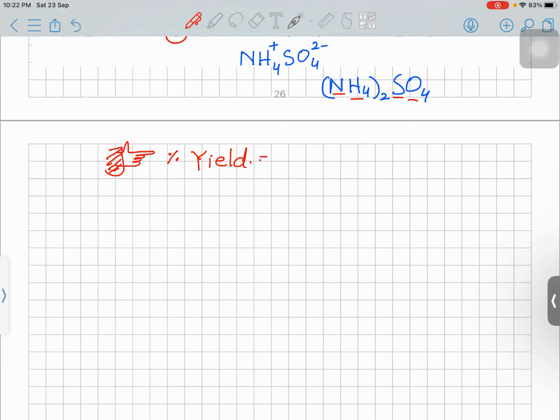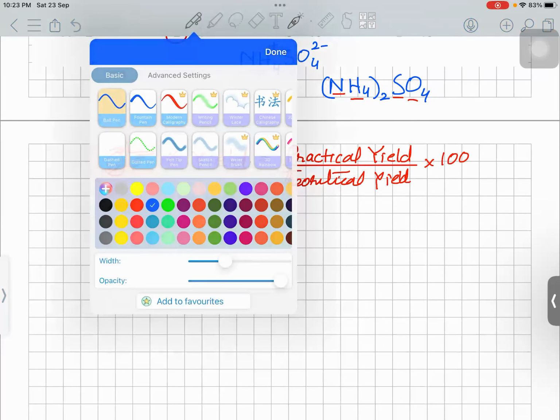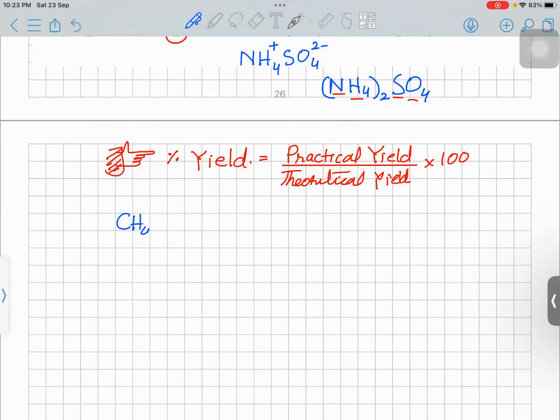So, percentage yield equals practical yield divided by theoretical yield, multiply by 100. Now look at the example. CH4 plus O2 give carbon dioxide plus water.